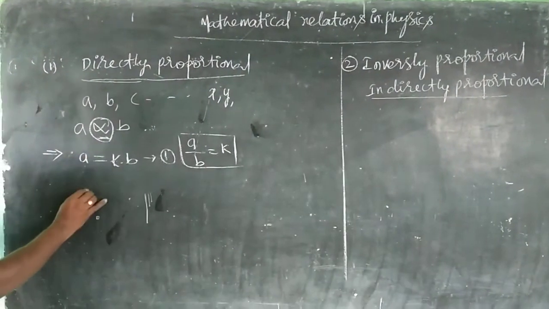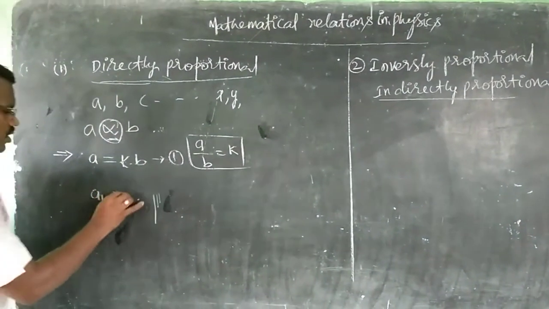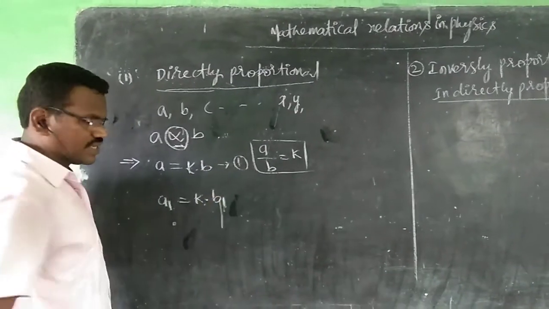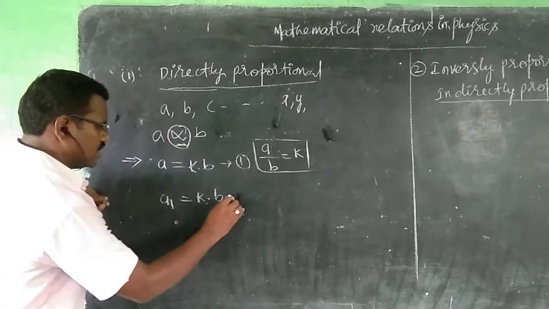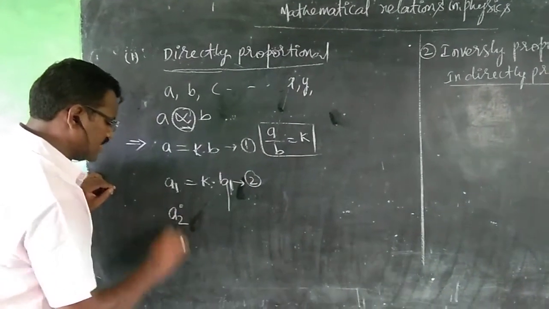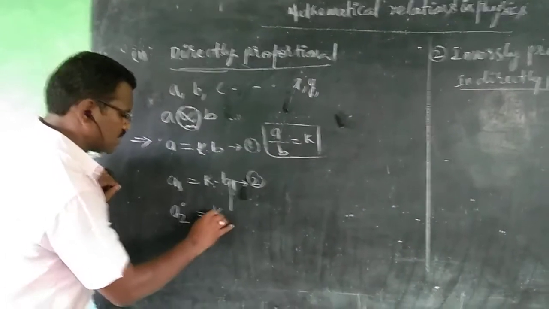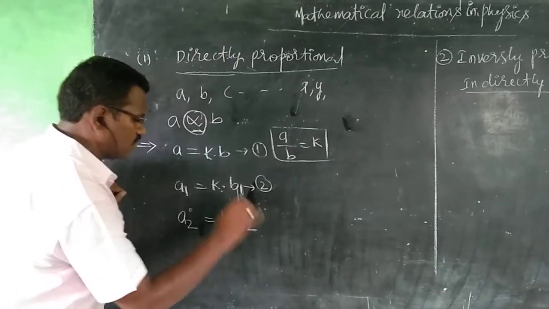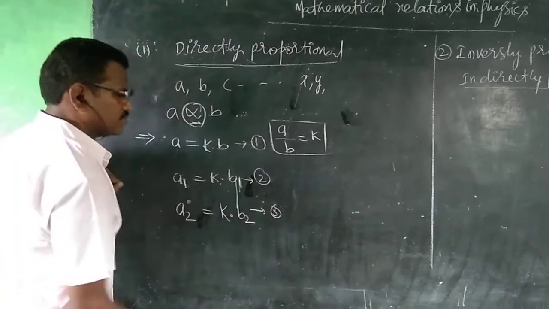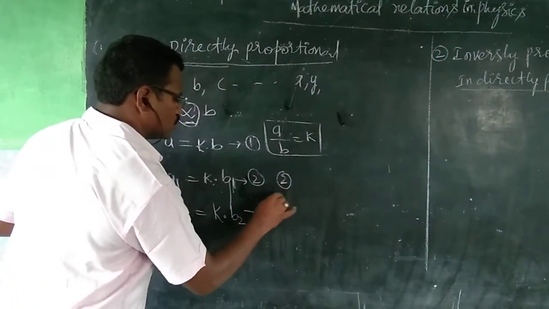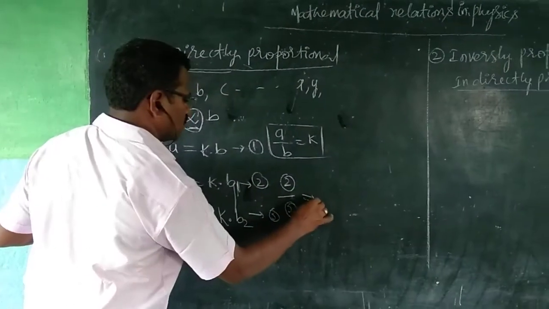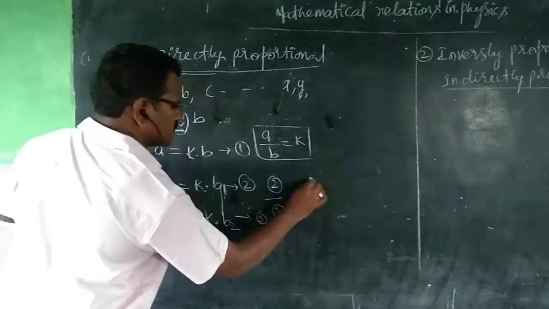If the value A becomes A1, the constant K does not change, and the value B becomes B1. This is equation number 2. Now the value A becomes A2, K does not change, and the value becomes B2. This is equation 3. Dividing 2 by 3, that means equation 2 by equation 3, what will be there on the LHS?